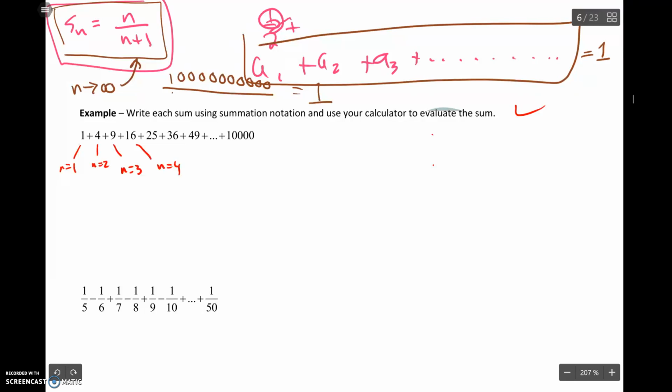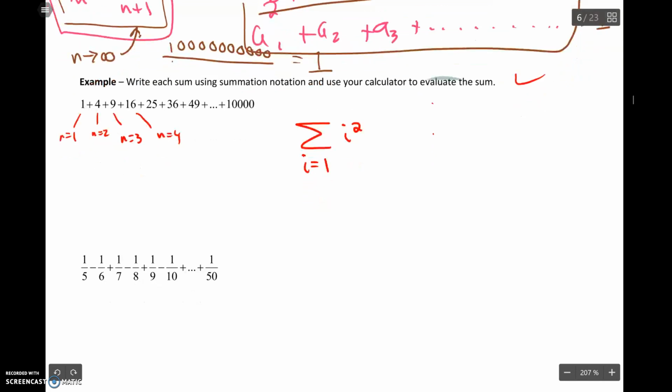It looks to me like if you take 2 and you square it, you get 4. 3 squared is 9, 4 squared is 16, 5 squared, 6 squared, 7 squared. So it looks like we're adding up from i equals 1 to something of i squared. 1 squared, 2 squared, 3 squared, all the way up to this number here.